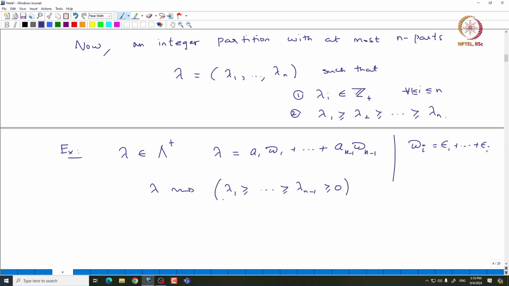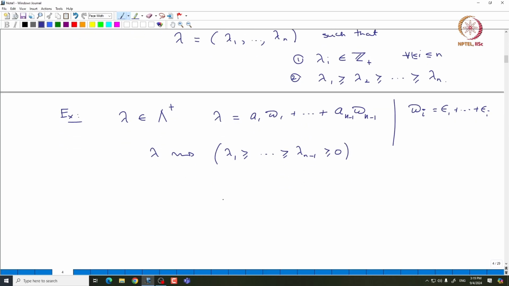The way we do it, you write lambda in terms of the epsilon i basis, and then you take the corresponding coefficients of this epsilon i and arrange them in decreasing order.